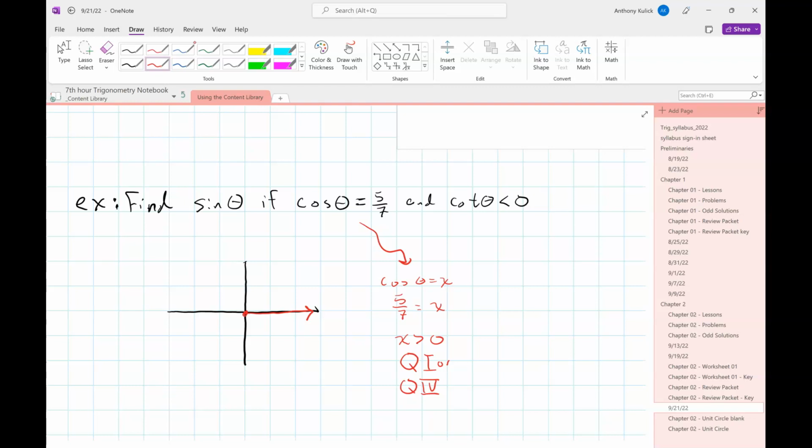All right, well, how can I reduce down any more than that? Well, I remember that cotangent is x over y. So I know that specifically x over y is negative. But I know that x has to be positive.